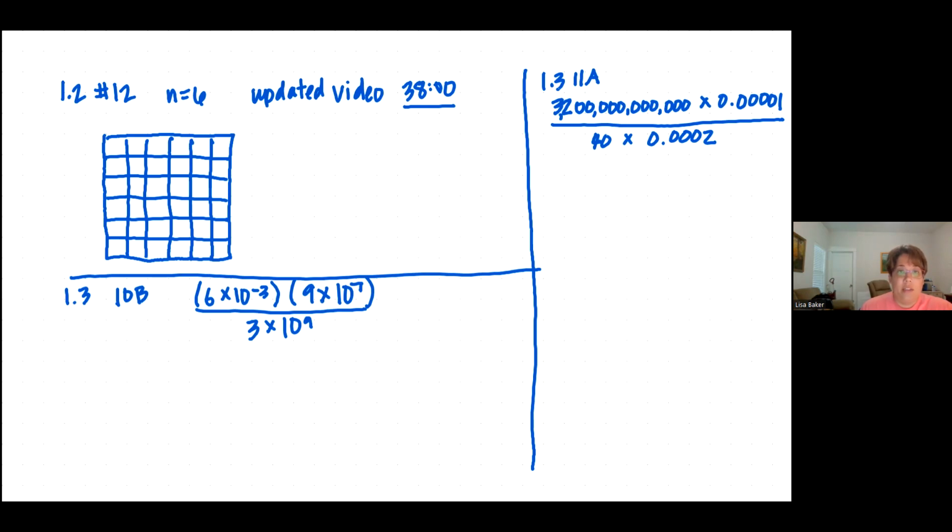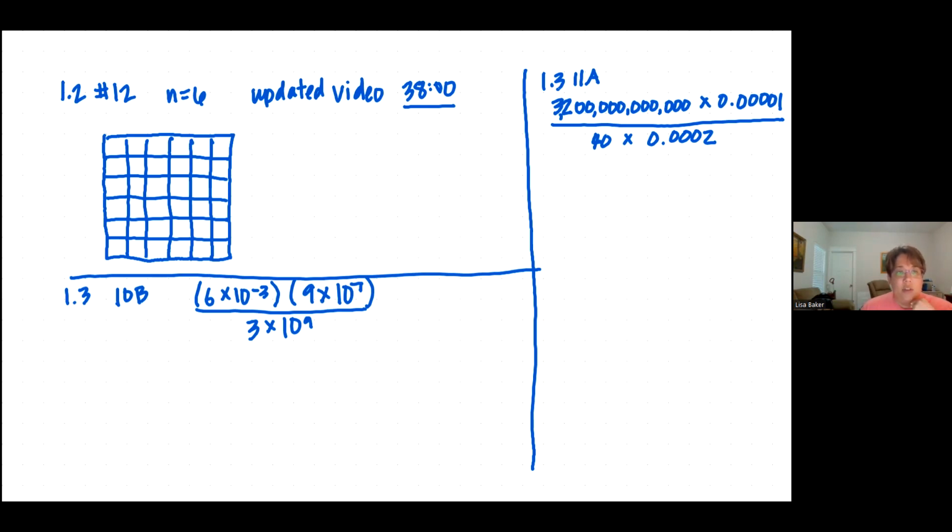If you go into Canvas, into module 2 or week 2, and go into that 1.2 updated video, around the 38-minute mark is where you're going to find number 12 explained. That's how I want you to go back and look at this.